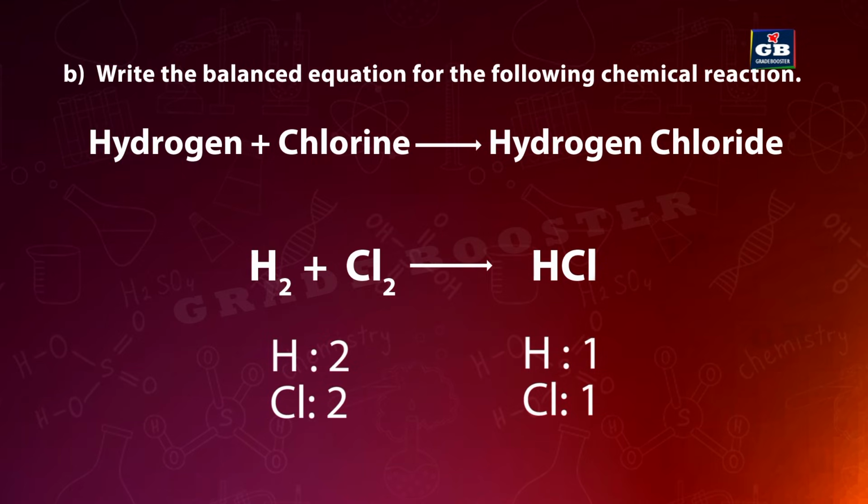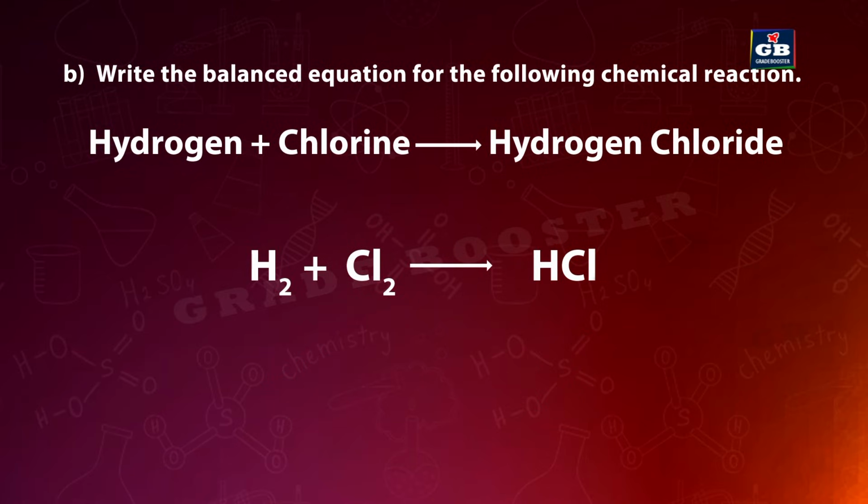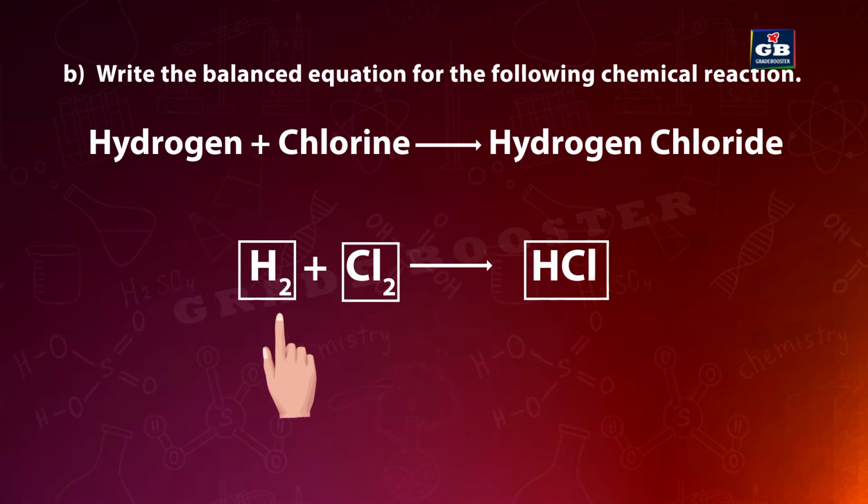So to balance this equation, we have to make the same number of atoms on both the sides. So the number of atoms of hydrogen and chlorine are to be balanced on both sides. Now, on the reactant side, there are 2 hydrogen atoms and 2 chlorine atoms. On the product side, each molecule of hydrogen chloride has 1 hydrogen atom and 1 chlorine atom.